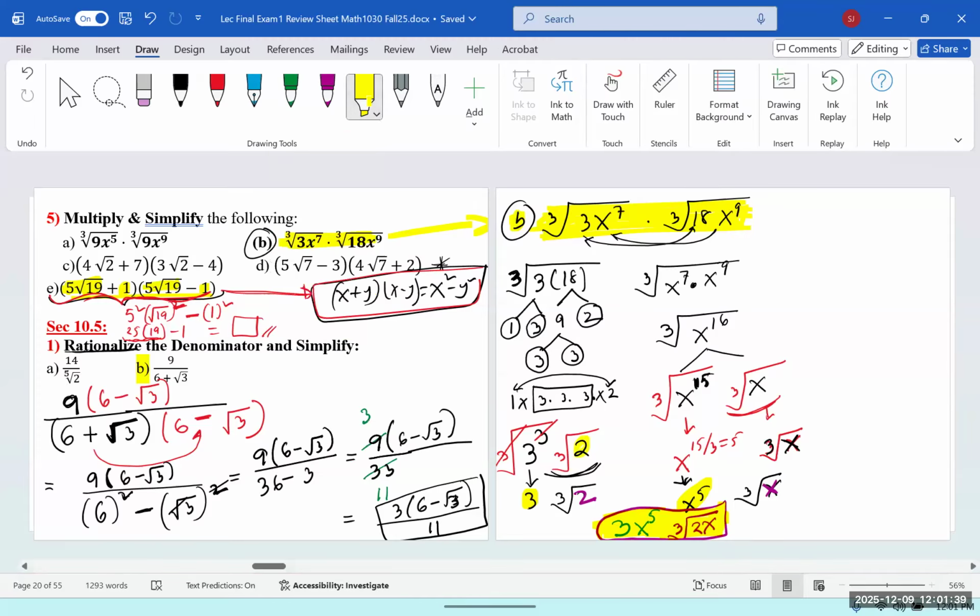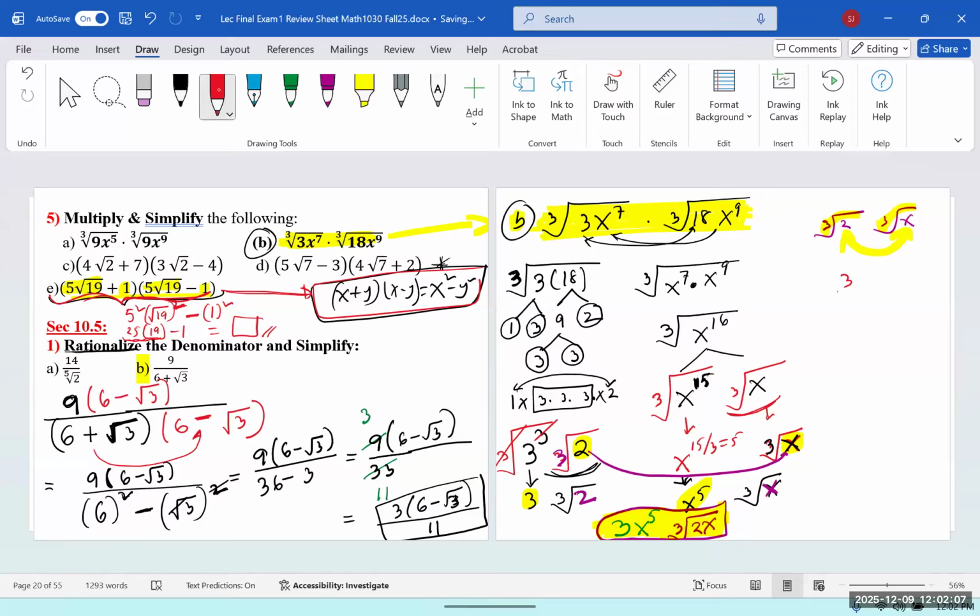So you're talking about the right side, right? So we have cube root of 2 and cube root of x. The reason why we combine them together is because they both have the same radical, cube root. As long as the radicals are the same, then you're allowed to put them together under one radical.